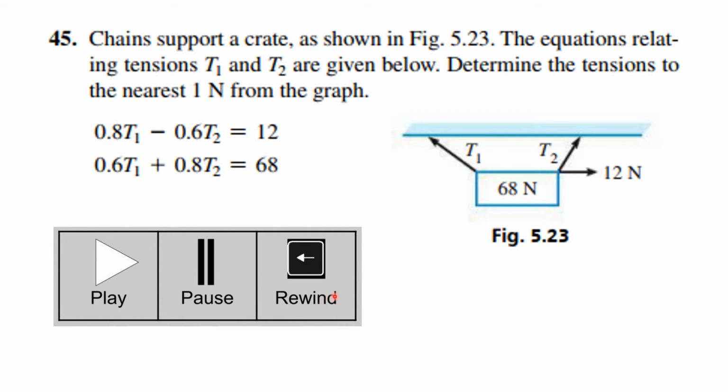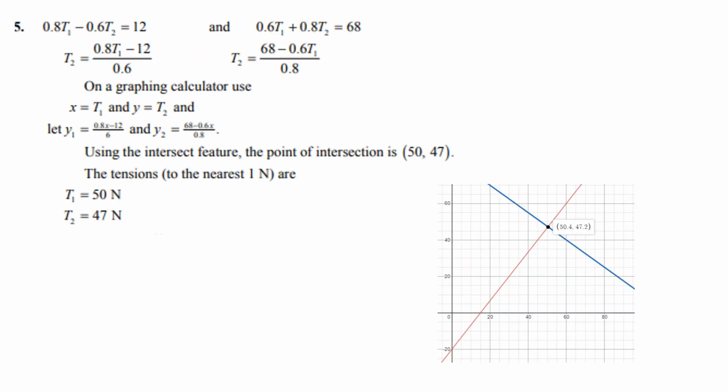I'm going to ask you to press pause, work the problem, find out where you think these T1 and T2 are, and again we're doing it approximately, and then hit play. Let's see how you do. Well, when you graph these, you will get a graph that looks like this. I'm taking T1 to be down here and T2 up here.